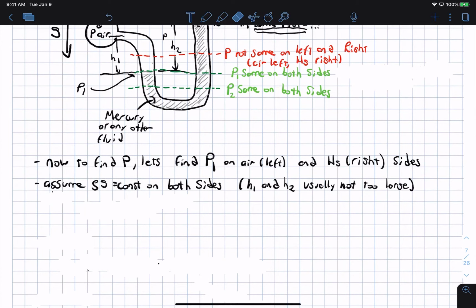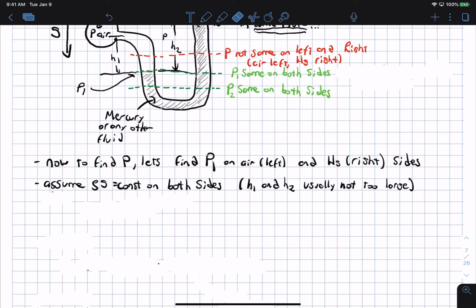And so you can assume that rho g is constant in these because H1 and H2 usually aren't that large. I mean, they're at most maybe a meter. And normally that is a very impractical manometer to have an H so large. Okay?